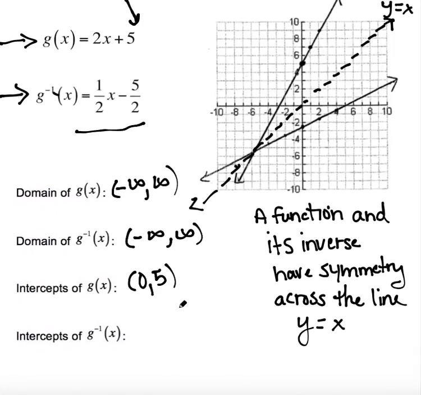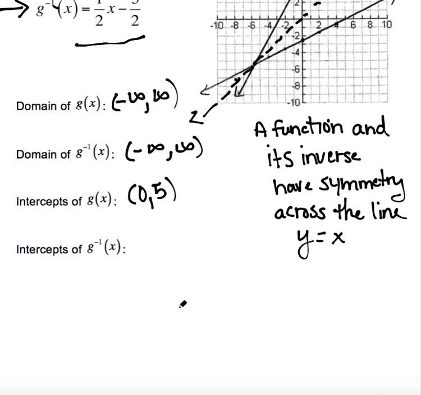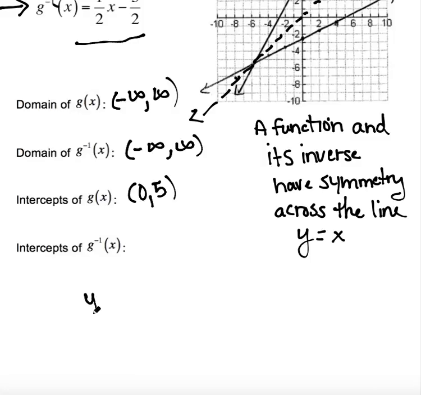Now I also need the x-intercept. So let's look at it algebraically. y equals 2x plus 5. If you remember, to find an x-intercept, you make y 0. So let's put 0 in for y. So 0 is equal to 2x plus 5.